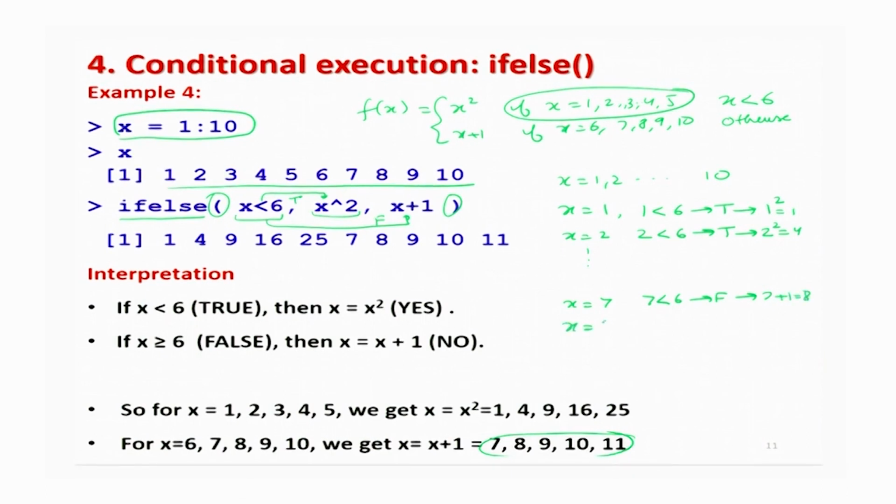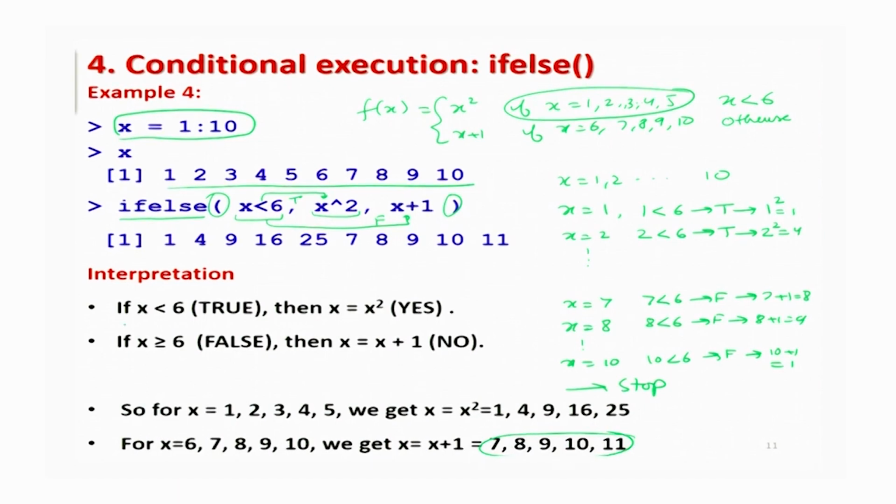Similarly, if you take one more value 8, then 8 less than 6 is false, and the outcome will become 8 plus 1, which is 9. This will go up to 10, and 10 is less than 6 is false, so the outcome will become 10 plus 1, which is 11. After this it will stop because there are no more values in the data vector x. So this is how it is going to work.